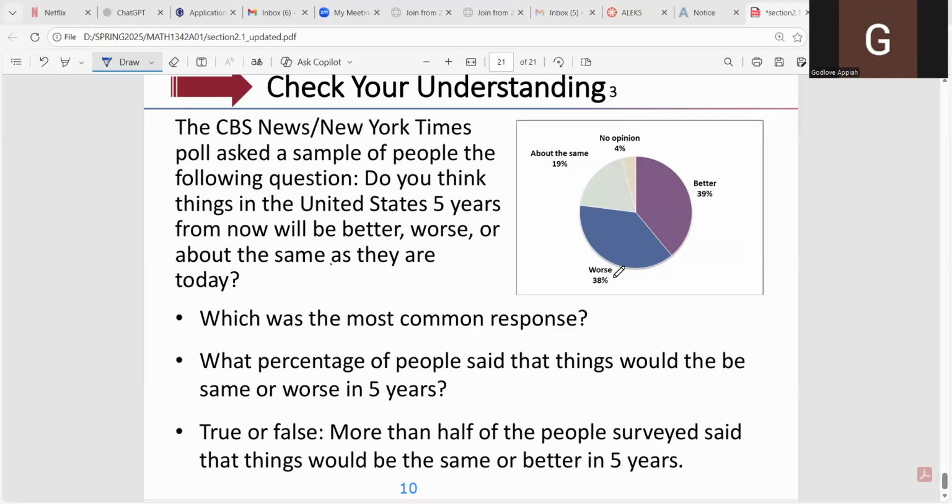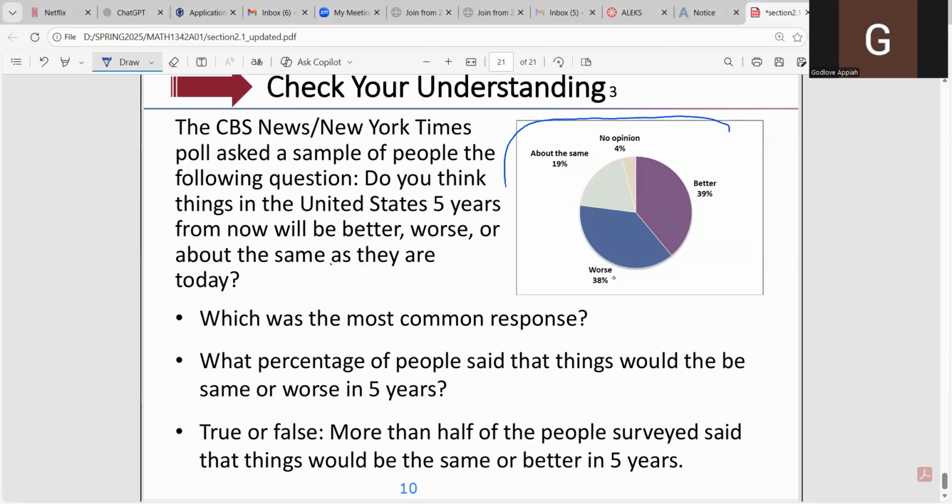So we surveyed a group of people and we asked them the question, do you think things will be better in the United States 5 years from now? Or would they be worse, or would they be about the same? So this is a pie chart that represents the results of this survey. The data set was organized in the pie chart.